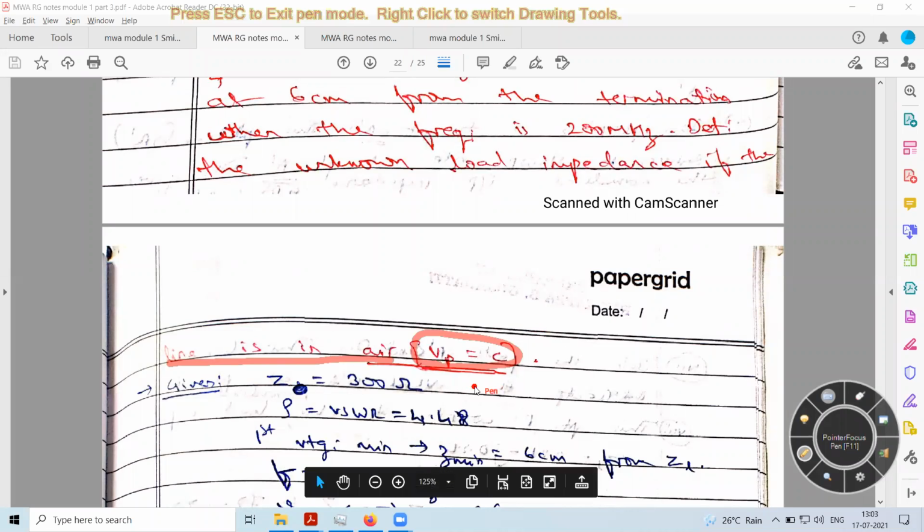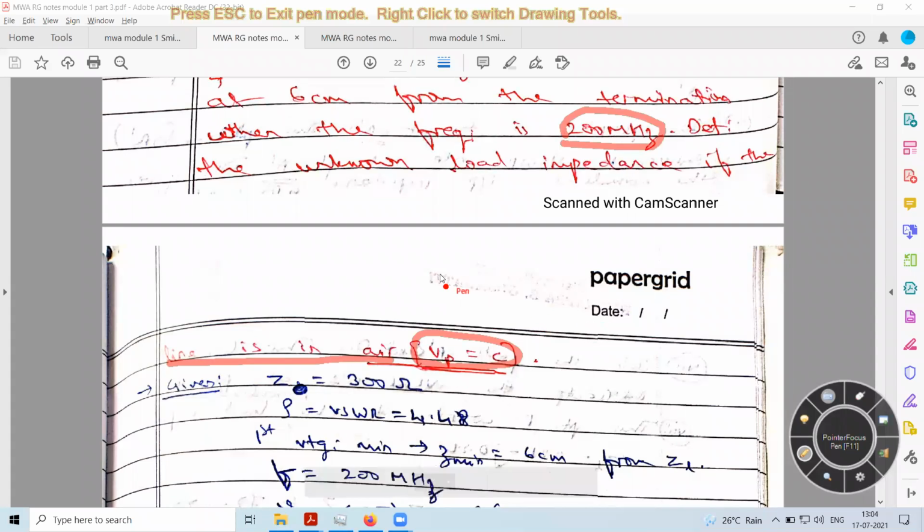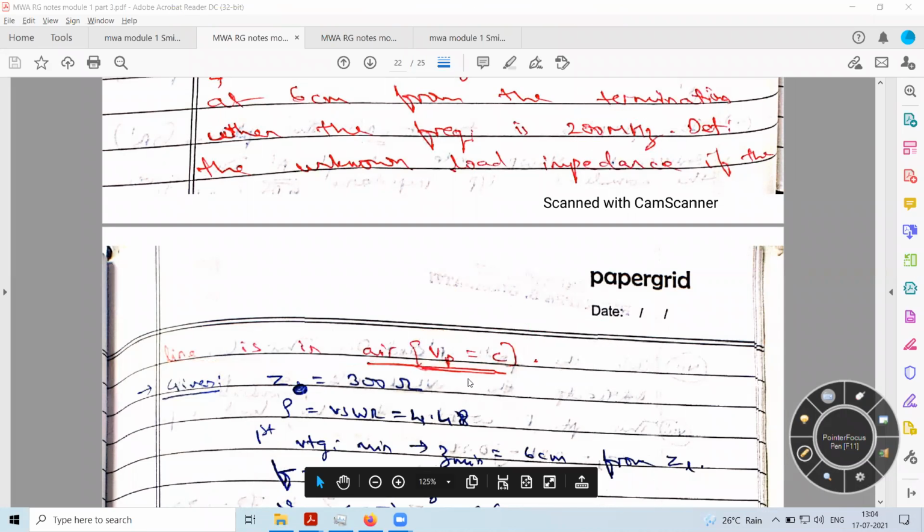Since they have given the 200 megahertz frequency, with velocity equal to c, I can identify lambda.